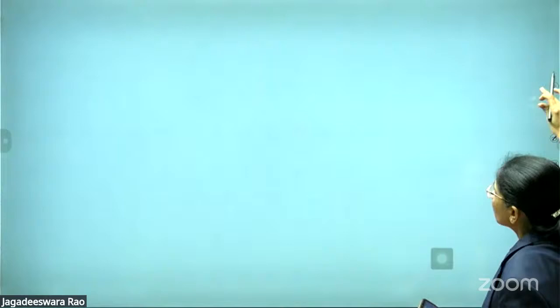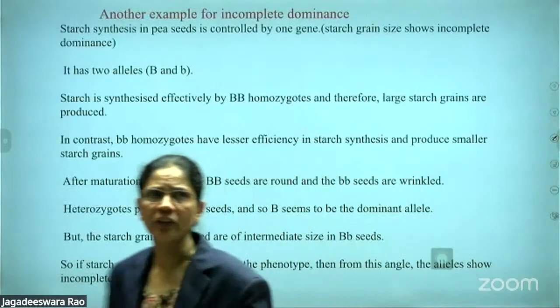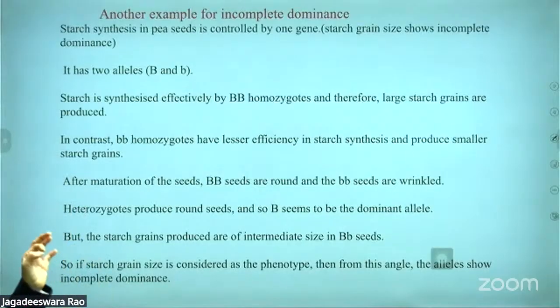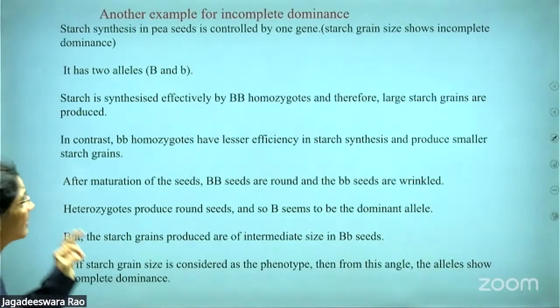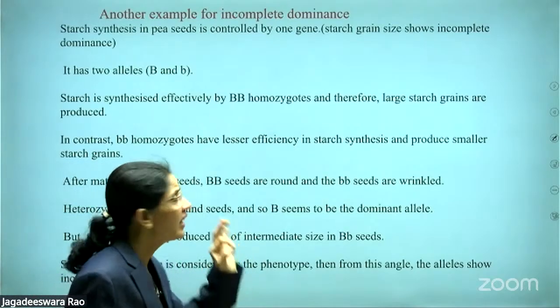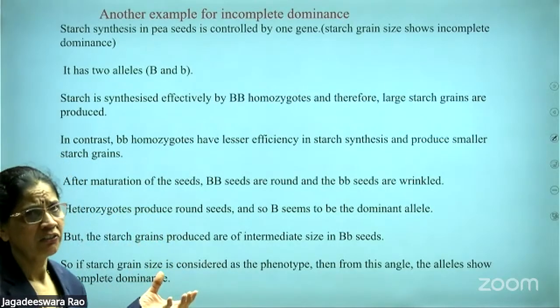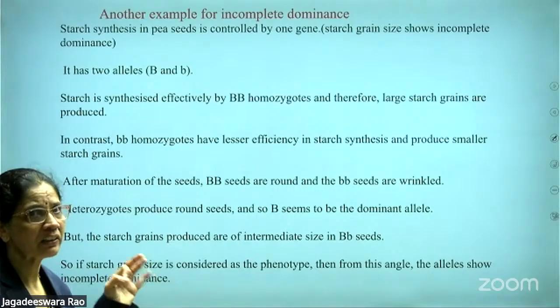Now, next we have to understand another example of incomplete dominance, that is shown by the pea seeds. Garden pea plant seeds are there, right? In them starch synthesis takes place. What takes place in the seed? Starch synthesis. In starch synthesis, the starch grain shows incomplete dominance.